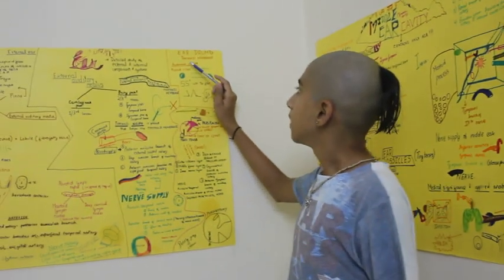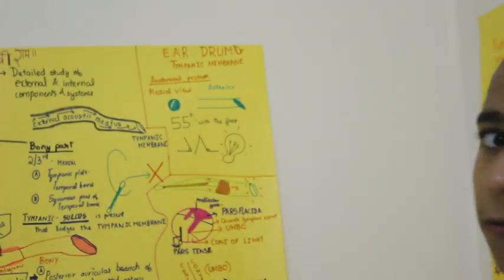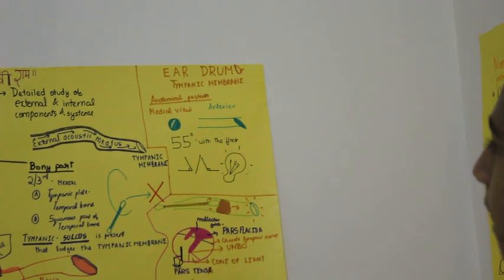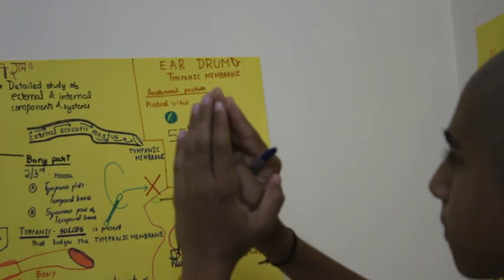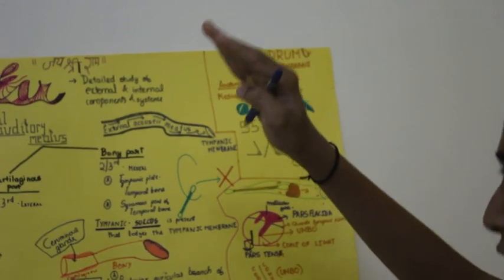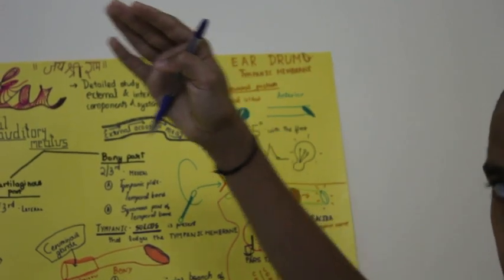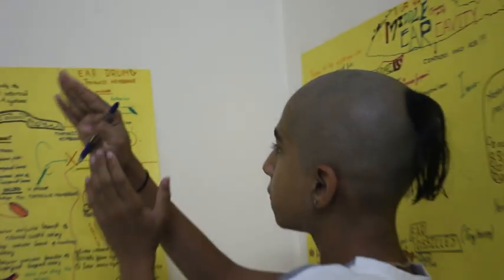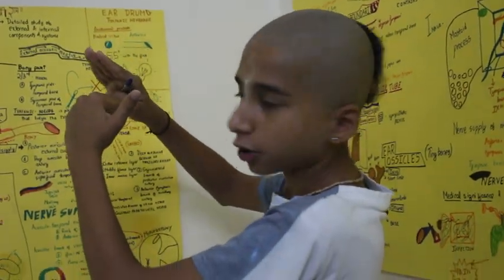The eardrum, or the tympanic membrane, which is its scientific name, has its anatomical position like this. It is angled about 55 degrees with the floor of the external auditory meatus, protruding laterally.